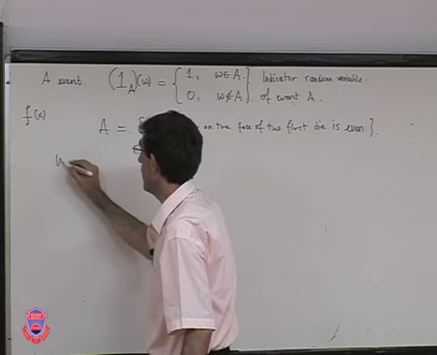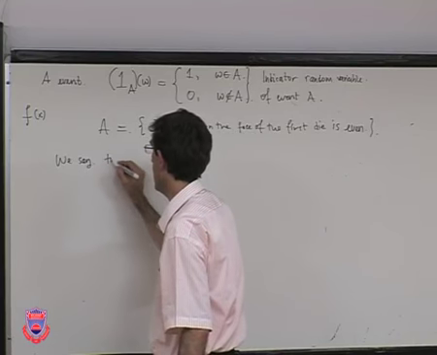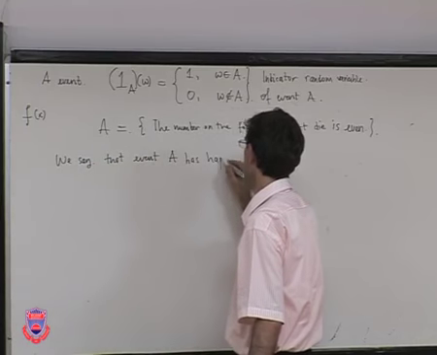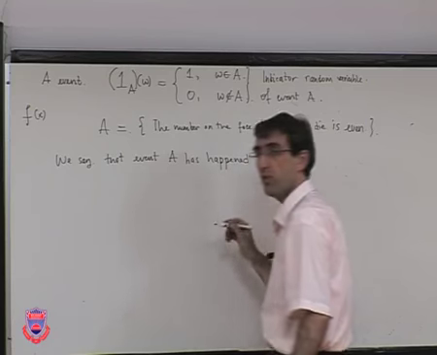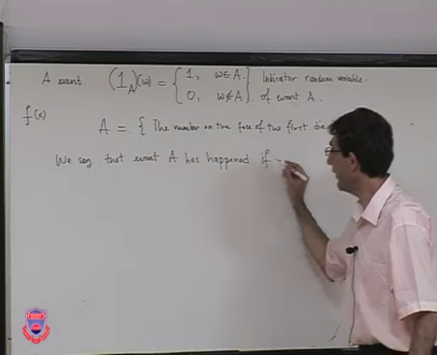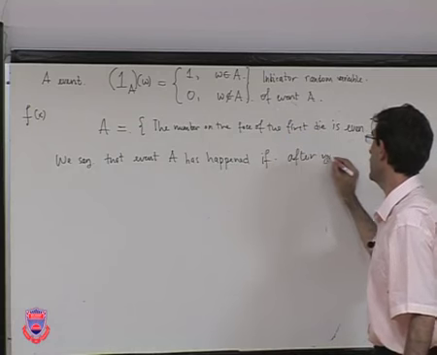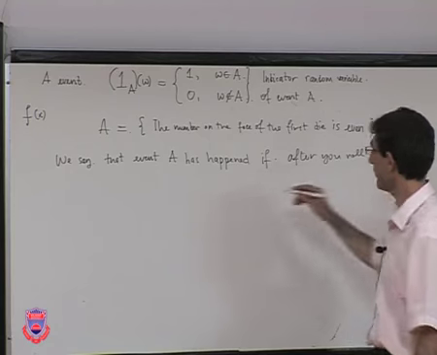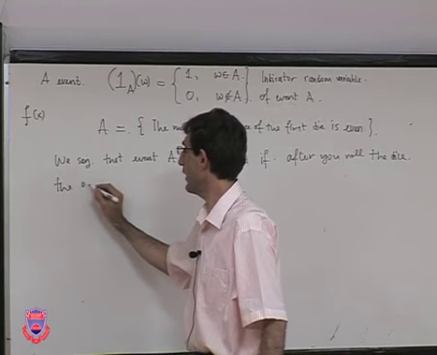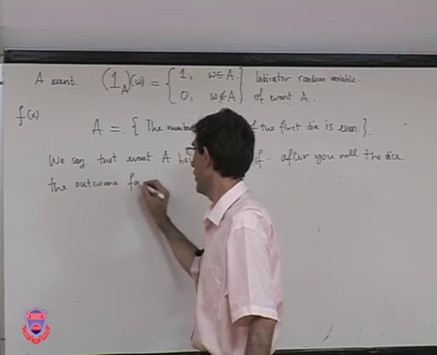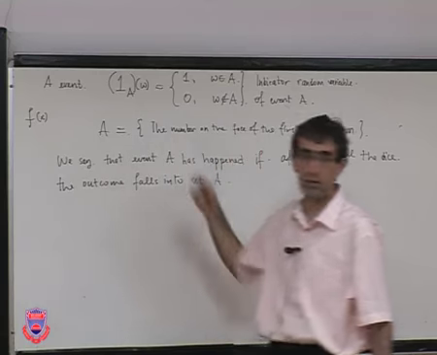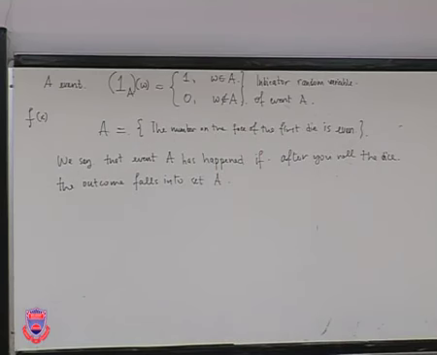So we say that event A has happened when, after you roll the dice, the outcome falls into set A. That's what we mean when we say that A has happened.